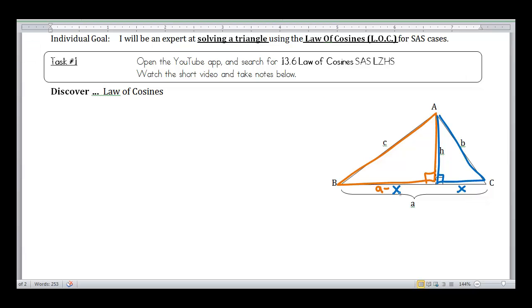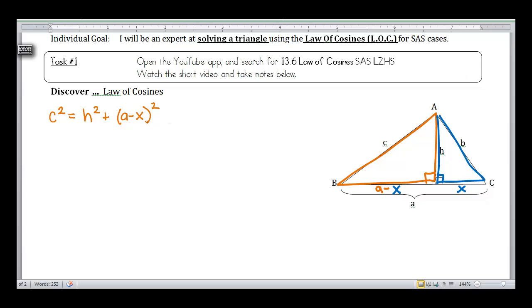So now, let's say that we wanted to solve for side C. If I was to solve for side C, since I have right triangles, I could have used Pythagorean theorem. So let's go ahead and write that out. So I took my hypotenuse squared and set it equal to each leg squared. Now that gave me A minus X quantity squared, because again I had to subtract out the other part of side A that was in my right triangle.